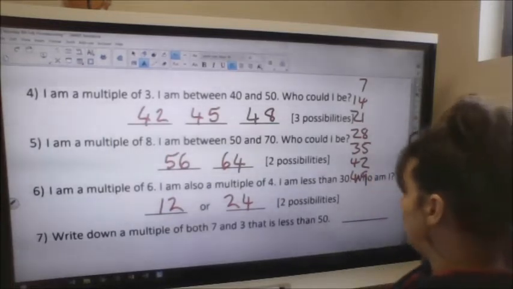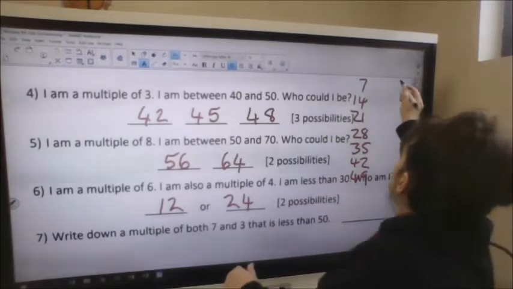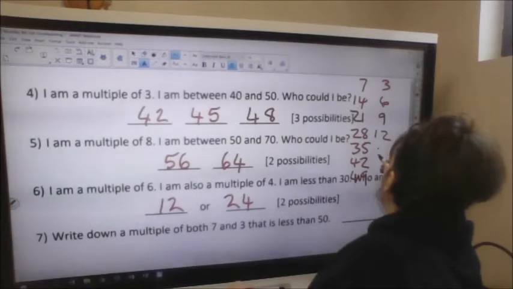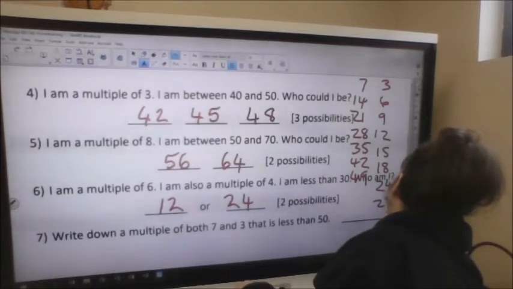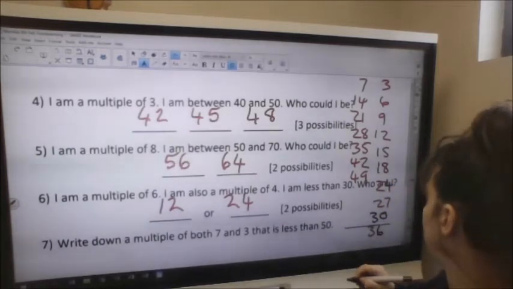Okay, my 3 times table. All right, so I've got 3, 6, 9, 12, 15, 18, 21, 24, 27. Then I go 30, 33, 36. Now I've got to keep going a little bit.